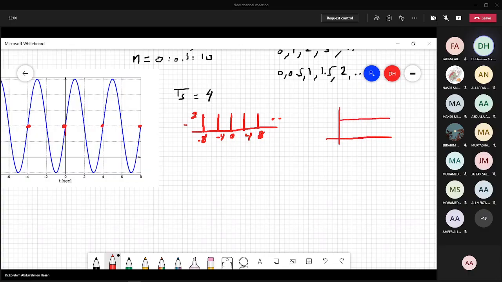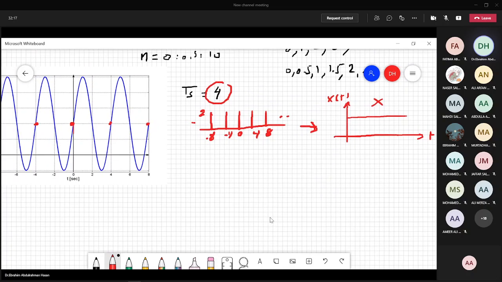It is constant 2. So this is t, and this is x of t, which is different from the original signal. Why? Because your sampling rate is very high. Clear?